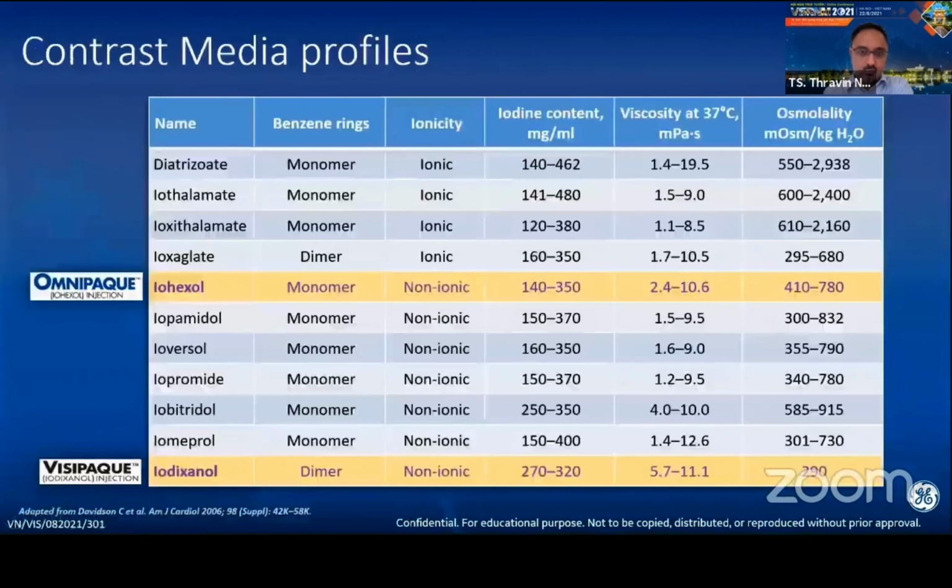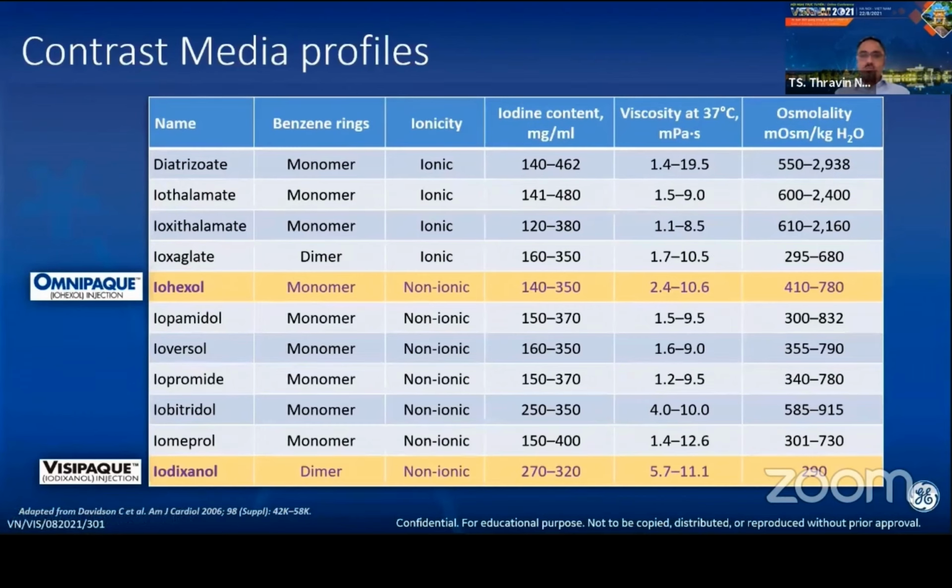Now we've come to the end of this presentation. This table gives an overview of the commonly available agents that are usually used in many different markets. I've gone through the important properties in terms of selection and use of different iodinated contrast media agents.